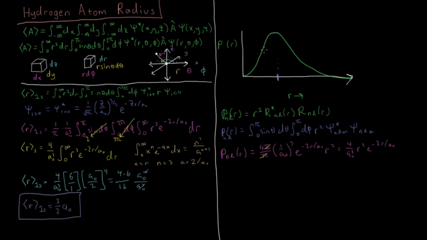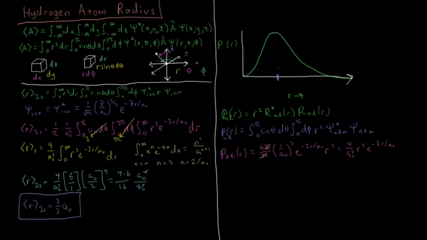And that's this function here. It's a quadratic polynomial times a decaying exponential, and that gives you this increase at short range, decrease at long range, and a maximum somewhere in the middle. So we want to find out what this most probable radius is, where we have the maximum amount of density, or the most likely radius to be measured.